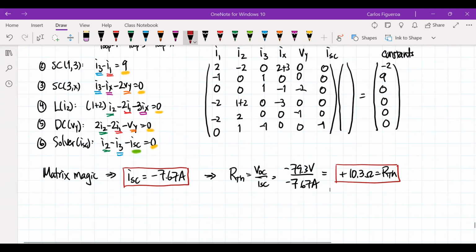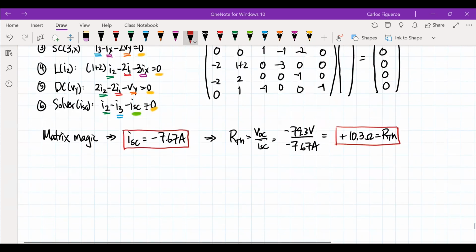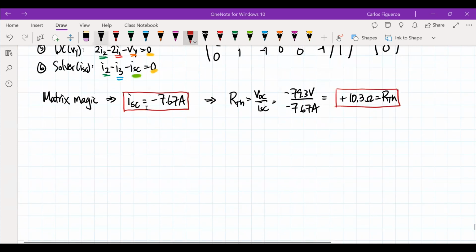So that means then I could now write down my Thevenin equivalent circuit. Here, let me go grab the circuit. So now let's bring this up here. So then the Thevenin equivalent is, here's my circuit.